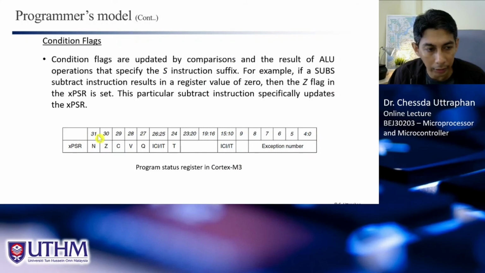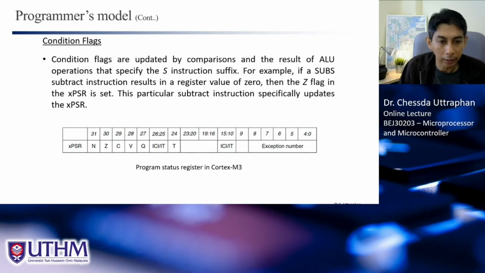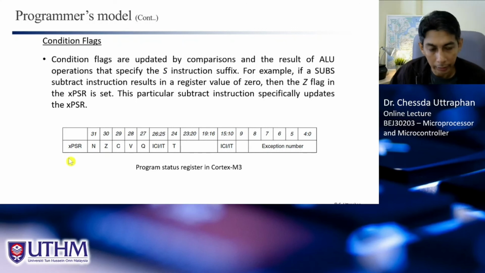When we look at the detail here, we can see that we have the flags, what we call the condition flags. This is exactly the same as what we have learned in the design. N is negative, to tell the microprocessor whether the result of any arithmetic operation that you have performed gives you a negative or positive result.